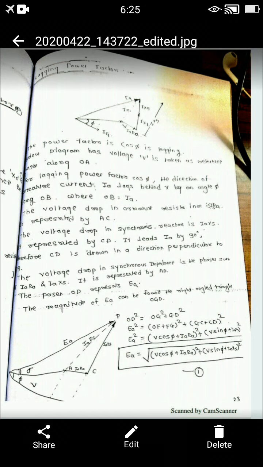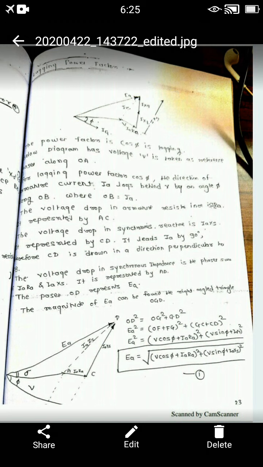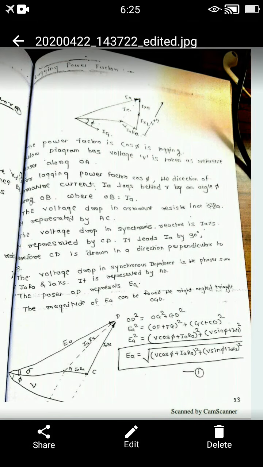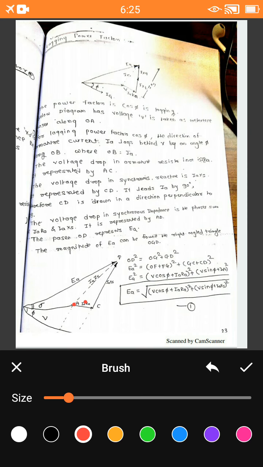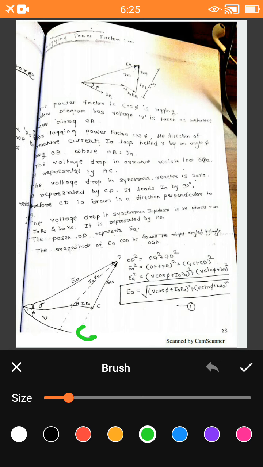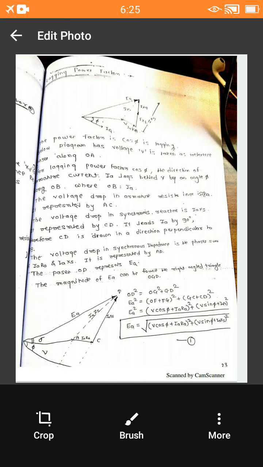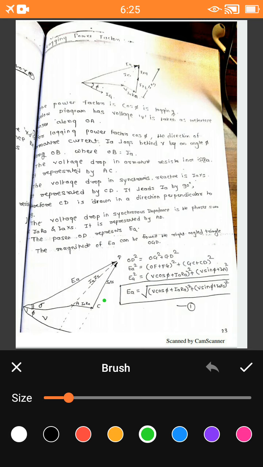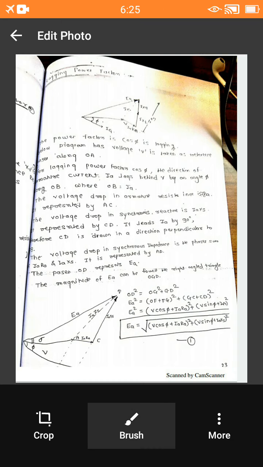So according to trigonometry, OF is V cos phi plus FG, where FG is IARA, all bracket square, plus similarly GC, which is V sin phi, plus CD, which is IA into XS, all bracket square.